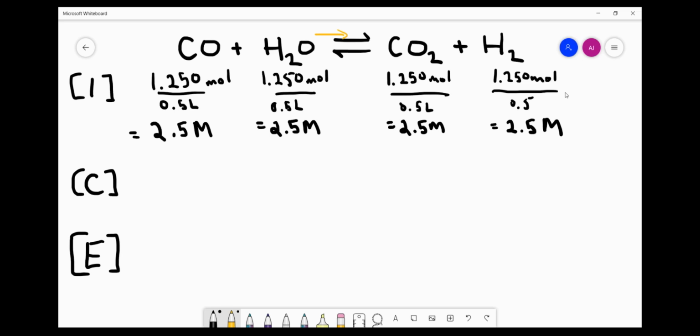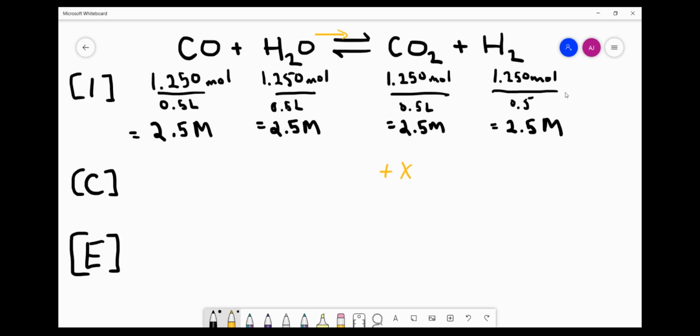If that's the case, then that means the substances on the right-hand side are going to increase in quantity or increase in concentration. But we don't know how much, so we're just going to label that value X. Since they're increasing, we're going to place a positive sign there.